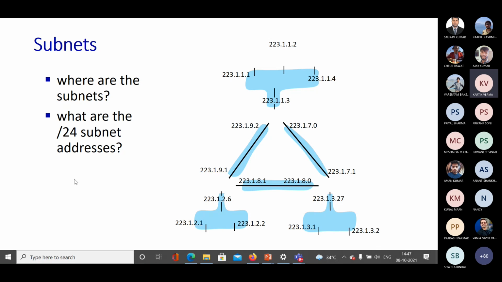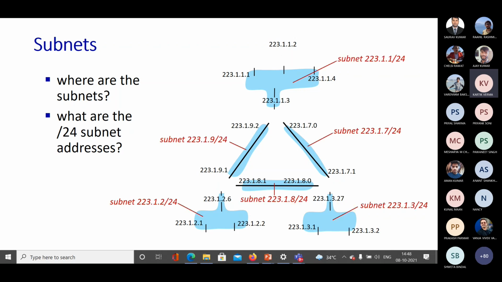Now, if we do a /24 addressing, you will see that if you consider the first 24 bits, that is why all of these hosts are given as 223.1, and after that there is the change for hosts.